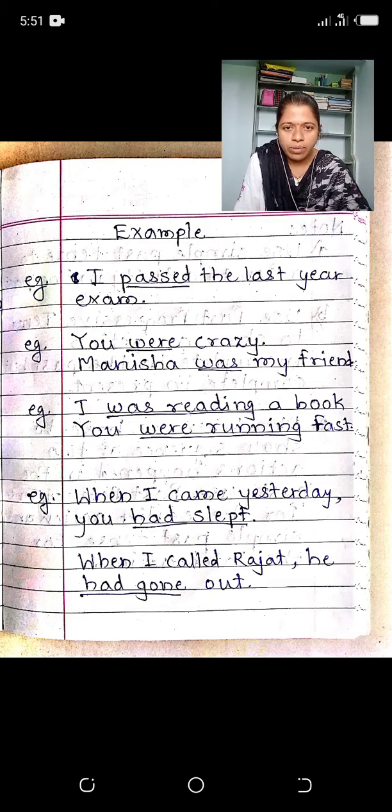Means I came, but you had slept already. Past perfect tense. When I called Rajat, he had gone out. Means when I called Rajat, he was not there. He had gone out before. Okay. So these are the forms: had slept, had gone, had plus pp. These are the forms of verbs used in past perfect tense.